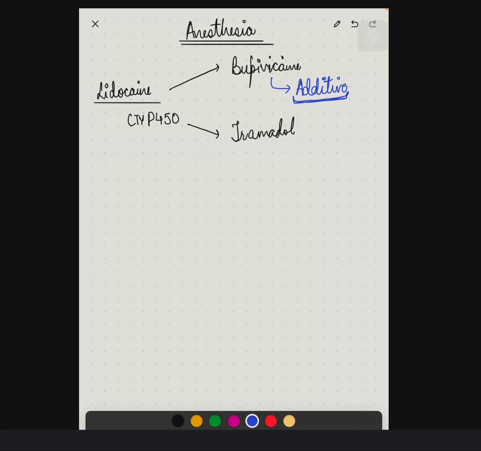With tramadol, it doesn't happen much, but it can lead to seizures, and this is mainly seen in elderly patients who already have seizures. So it is rare and can lead to increased frequency or intensity of seizures. And here bupivacaine and lidocaine show additive effect and may increase the risk of CNS toxicity.